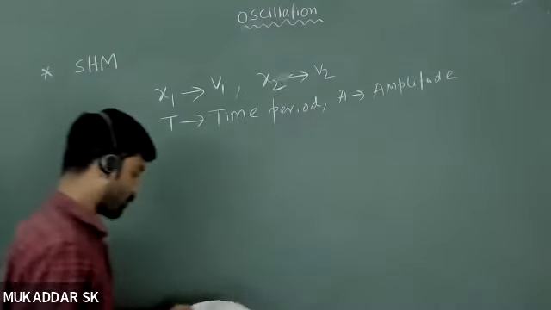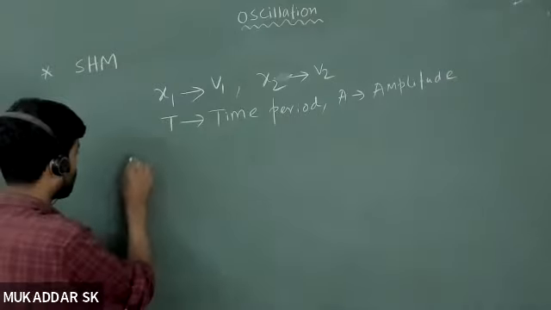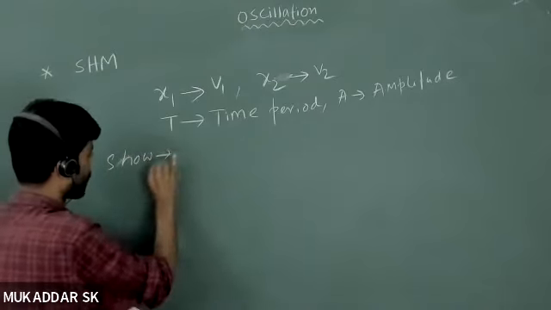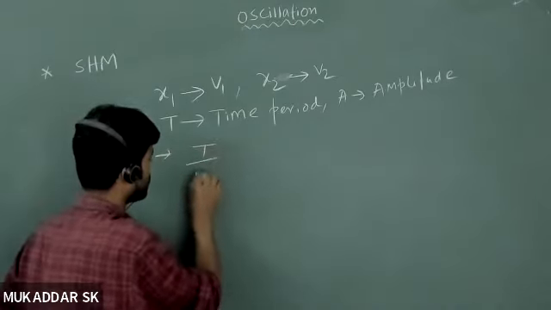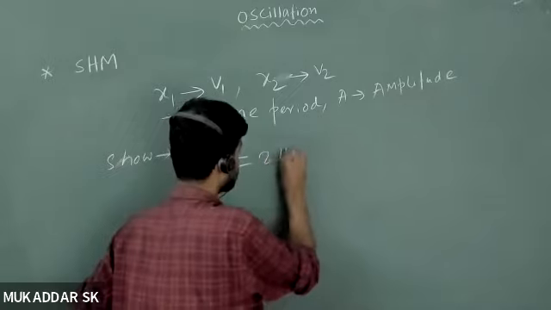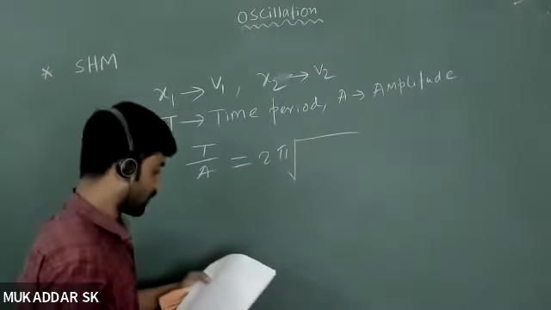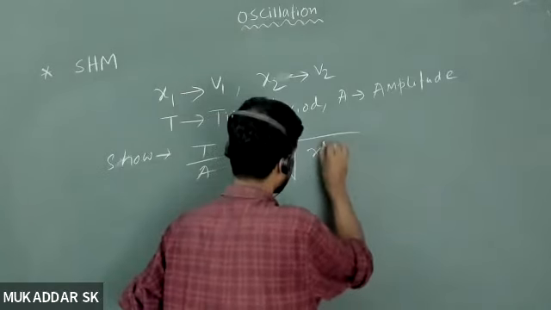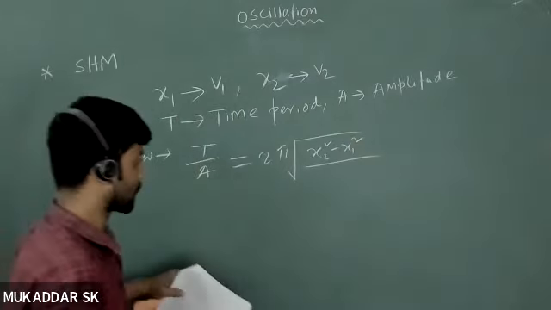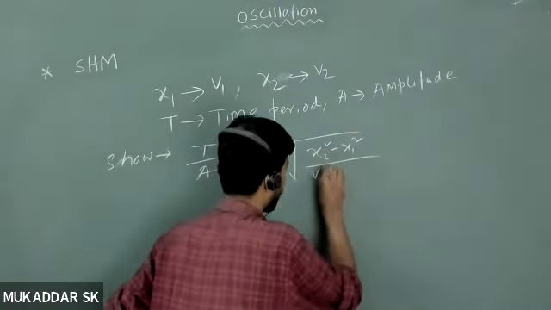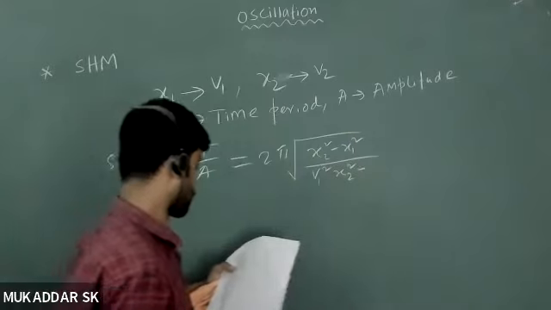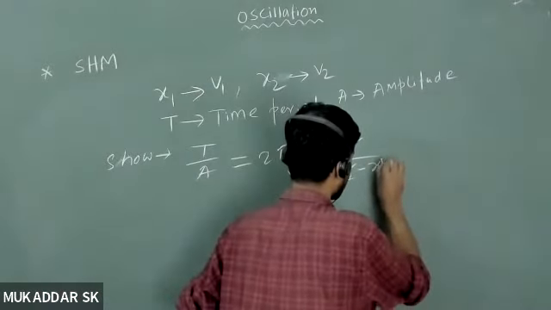So what you have to prove? You have to prove that the ratio of time period of oscillation divided by amplitude is 2 pi root over x2 square minus x1 square divided by v1 square x2 square minus x1 square v2 square.